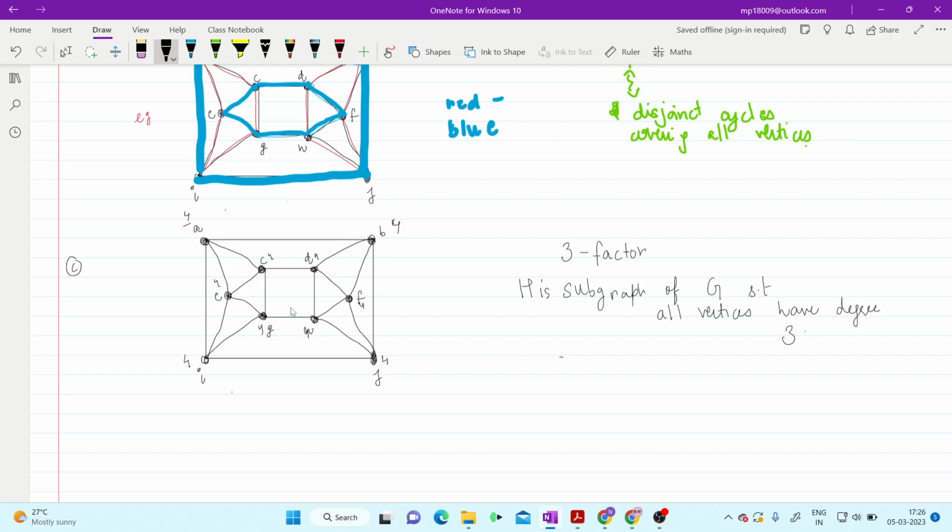Now we want to find a subgraph in which each vertex has degree 3, so we are allowed to remove at most one edge at each vertex.